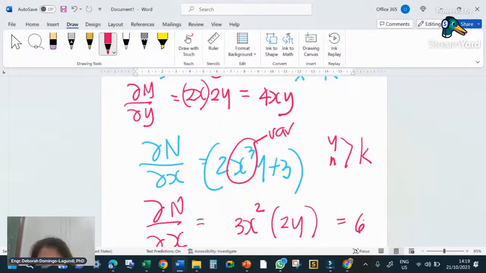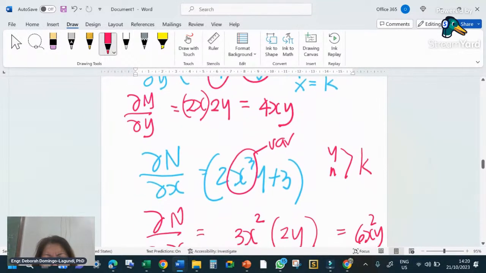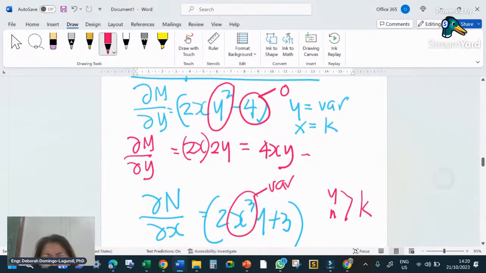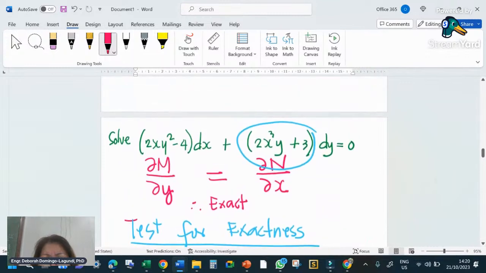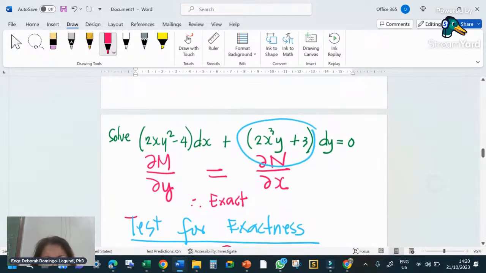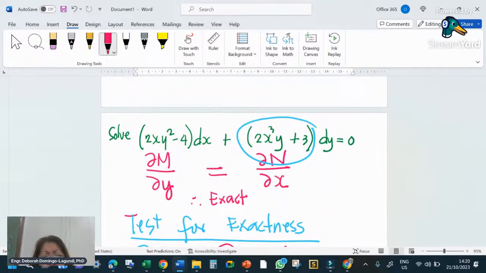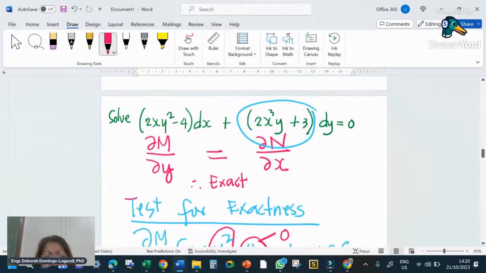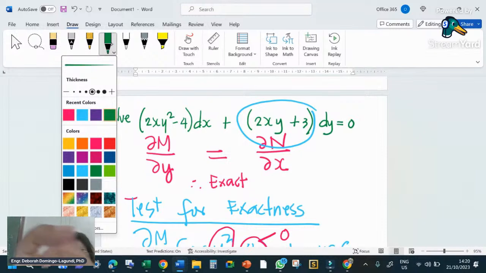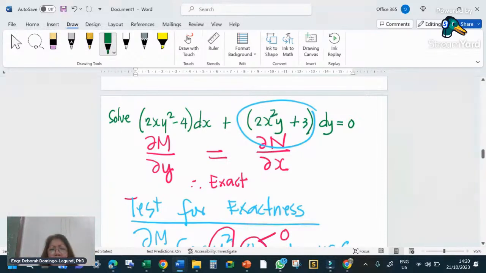So you have 6x squared y. Oh, they are not equal, right? So this one is not equal to that. Why is it so? Yeah, they are not equal. I think I had copied a wrong one, hang on. Let me just change that to square because they must be equal. All right. Let's change that to square.